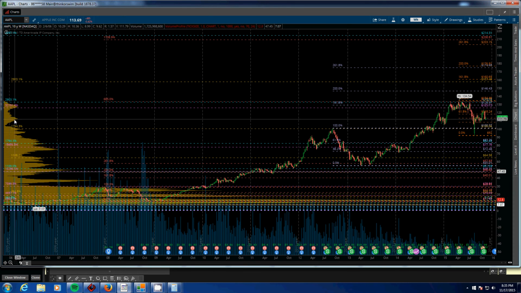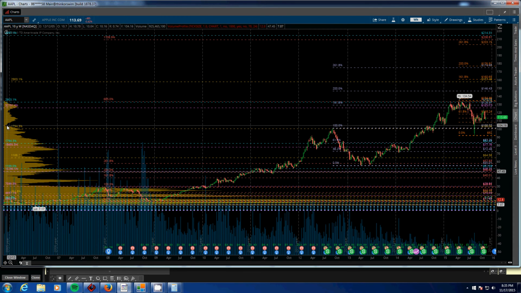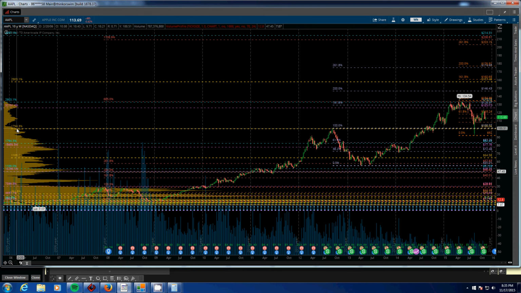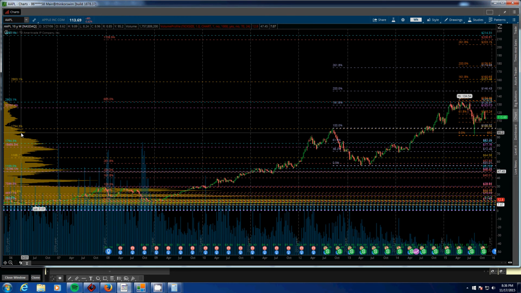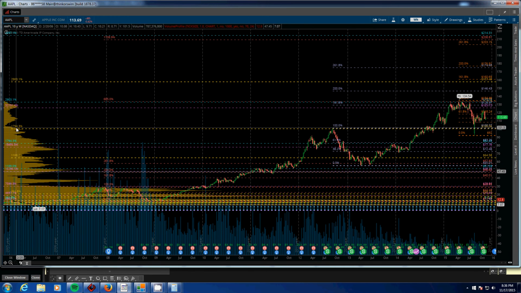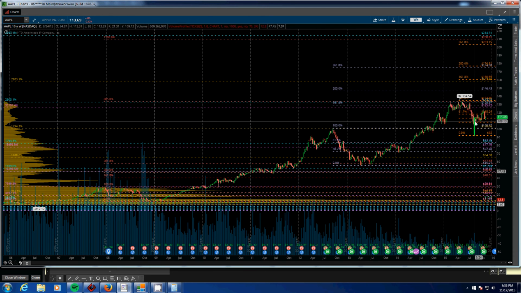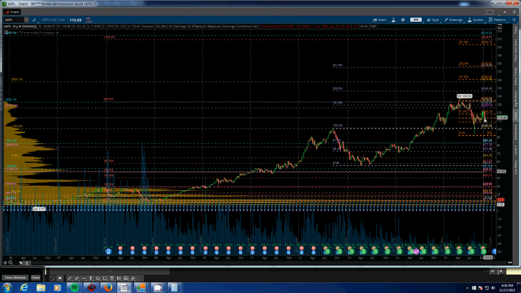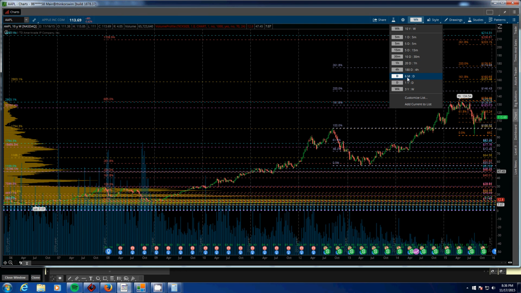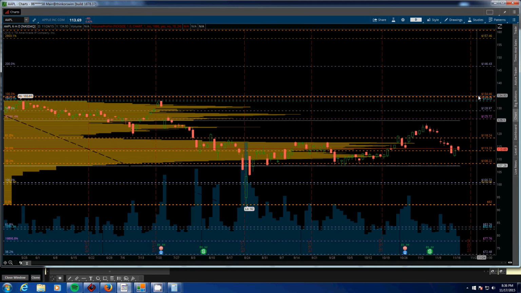We can see this volume null over here, as small as it is in relation to the chart. It really doesn't pick up volume again until the 100. And if it misses the 100, it looks like down here into 95. So watching the 113 area as support on the short term, and watching 135 as a hold for a long-term position in Apple.